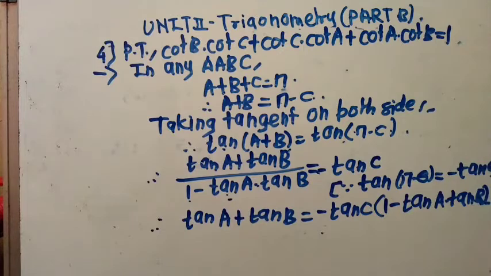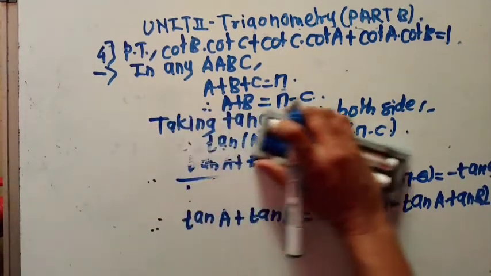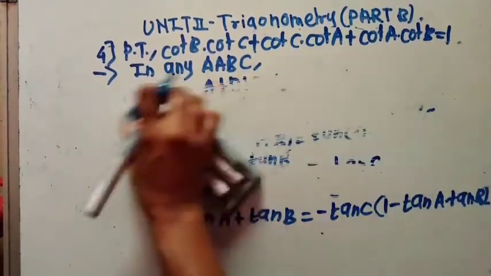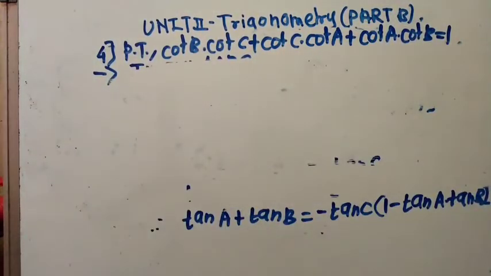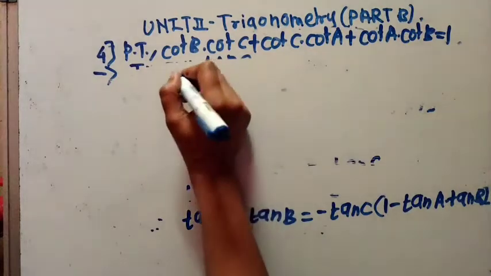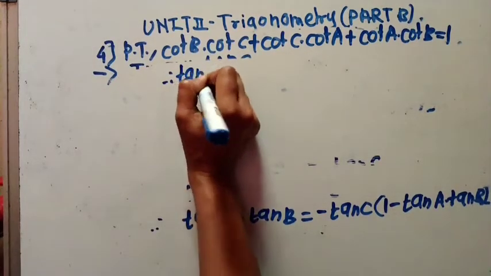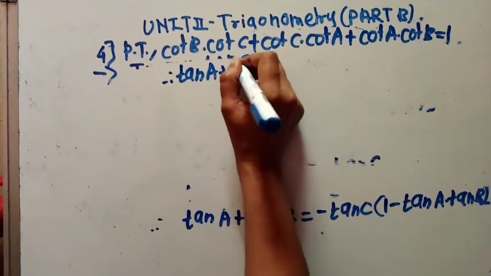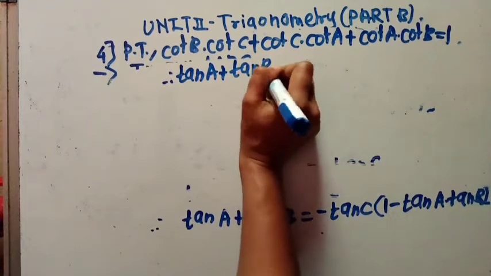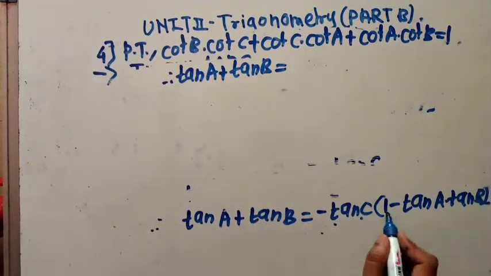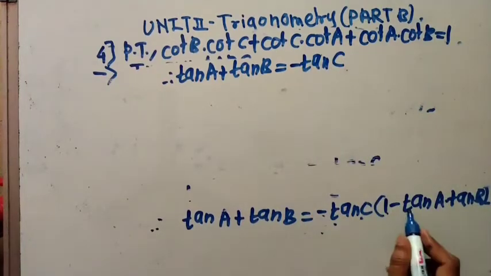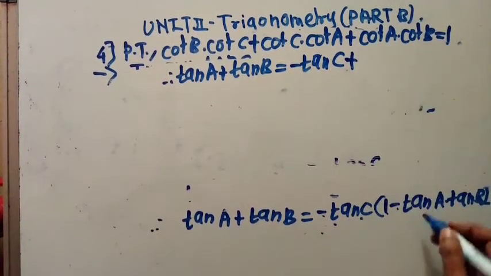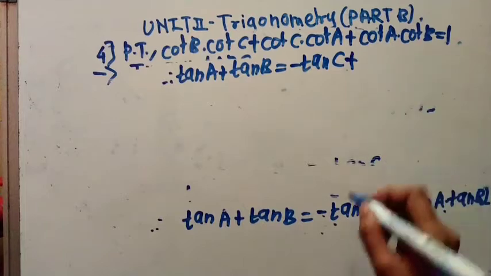So first, solve this bracket. Tan a plus tan b is equal to −tan c into 1 is −tan c, and minus minus plus, into tan a into tan b into tan c.